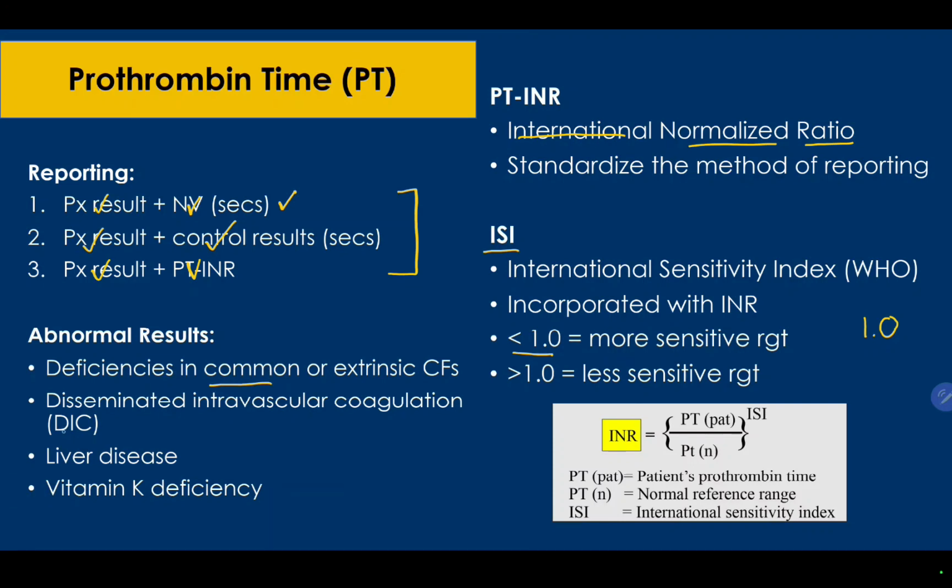Disorders such as your disseminated intravascular coagulation, liver disease, and vitamin K deficiency may also be associated with abnormal prothrombin time results.